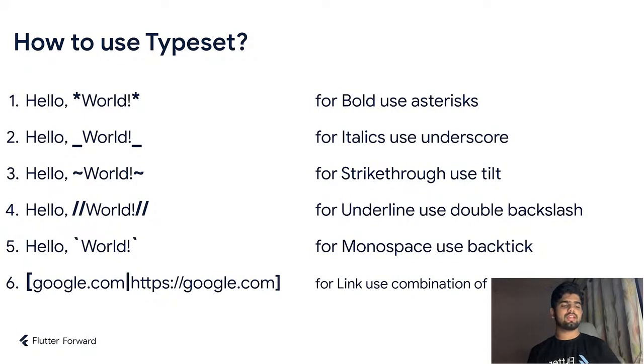And for links, we have some unusual kind of thing, but it is simple to understand. First part is the text which is shown to the user. The second part is the link which on tap will open it. For links, we use a combination of the pipe sign and square brackets. So this is how simple it is to use TypeSet.